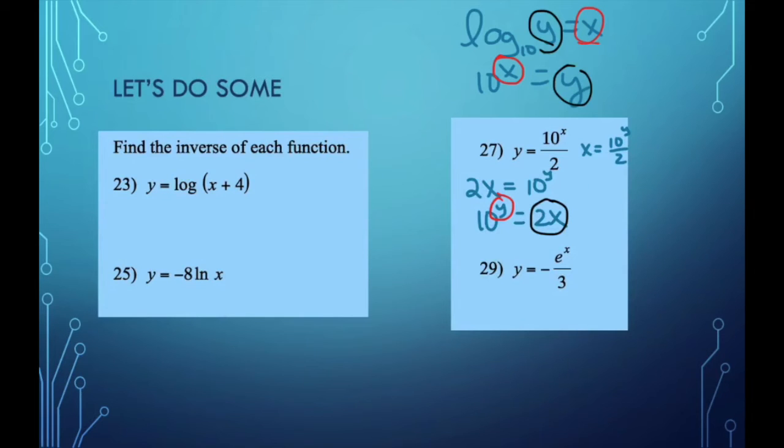Log base 10 of 2x equals y. We don't really have to write the 10. What goes next? It is the 2x, and it equals y. This exponent is the outside.